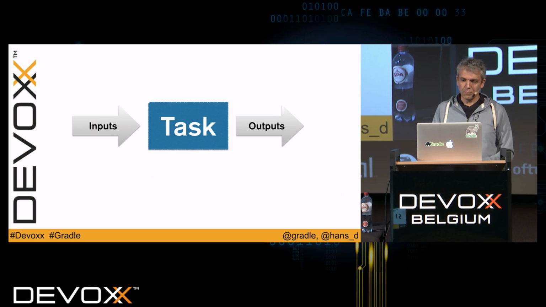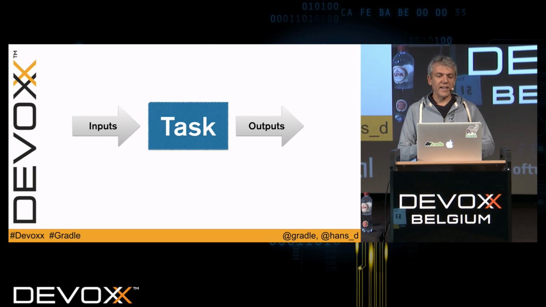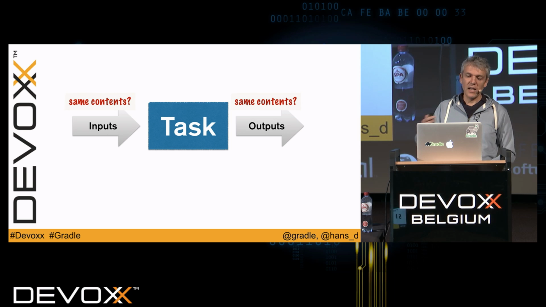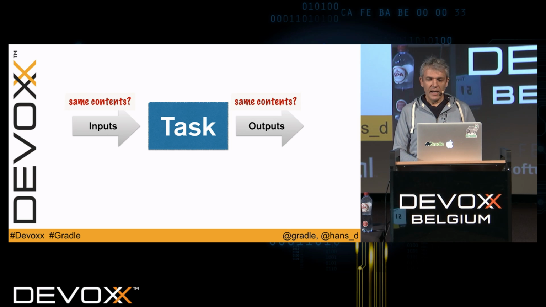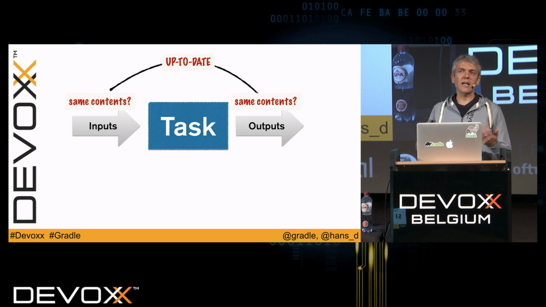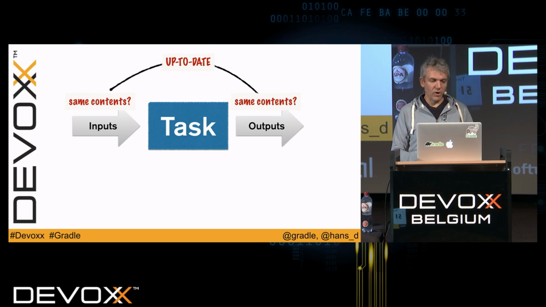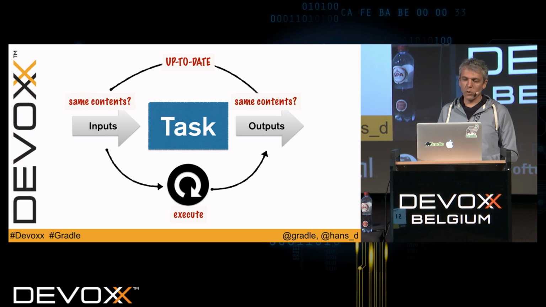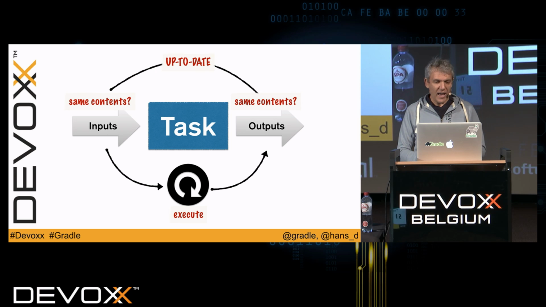And the way Gradle works is when you run the Gradle build again, it checks, have the inputs of the task changed, have the outputs changed? And if not, the task is up to date and the task is not run. If any of the input and output has changed, the task is re-executed and the output is regenerated.